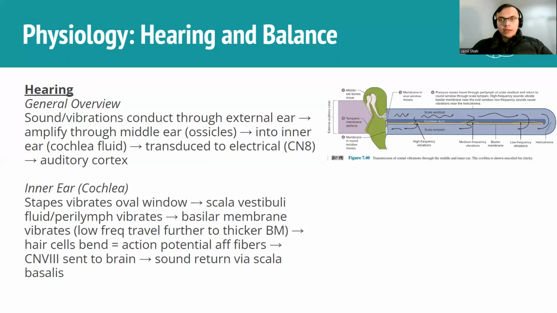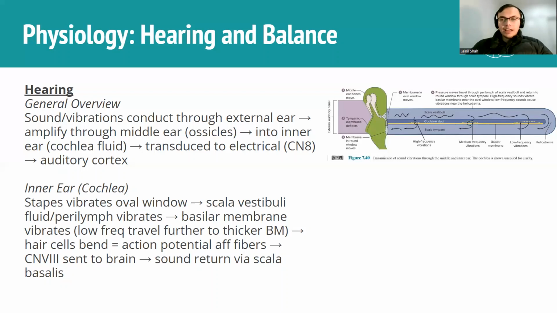Then the scala vestibuli, which is one of the fluid chambers, which contains perilymph inside it, will also vibrate because the fluid vibrates in response to the oval window vibrating as well. Then the basilar membrane, which is a membrane that lies within the actual inner ear itself, will also in response begin to vibrate.